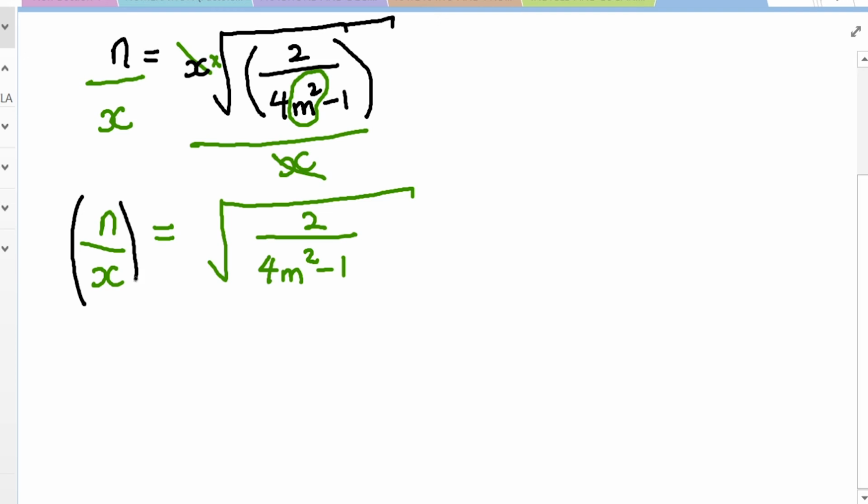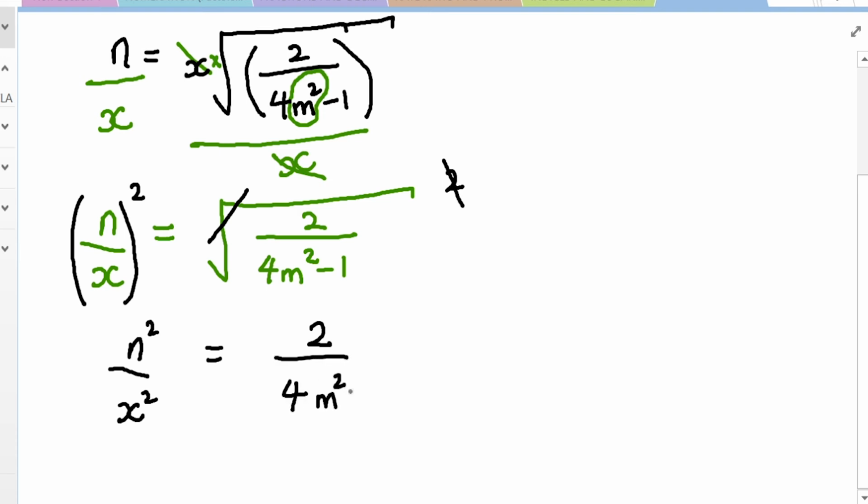By squaring on both sides. So square that side and square that side, so that this square root sign and that cancel. So you remain with n squared over x squared, is equal to 2 over 4m squared minus 1.